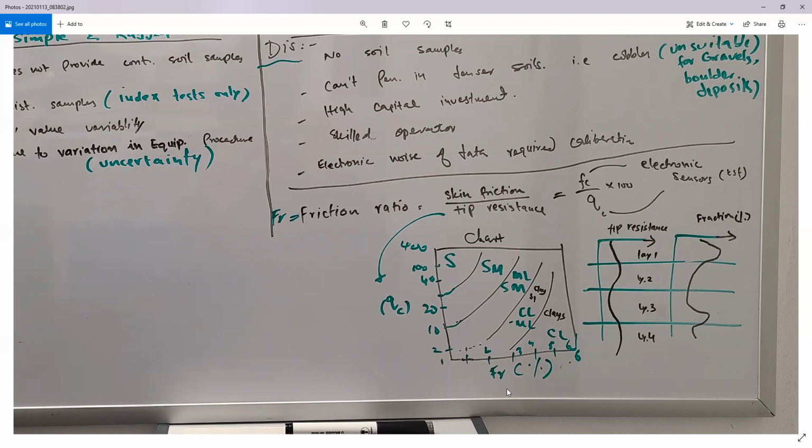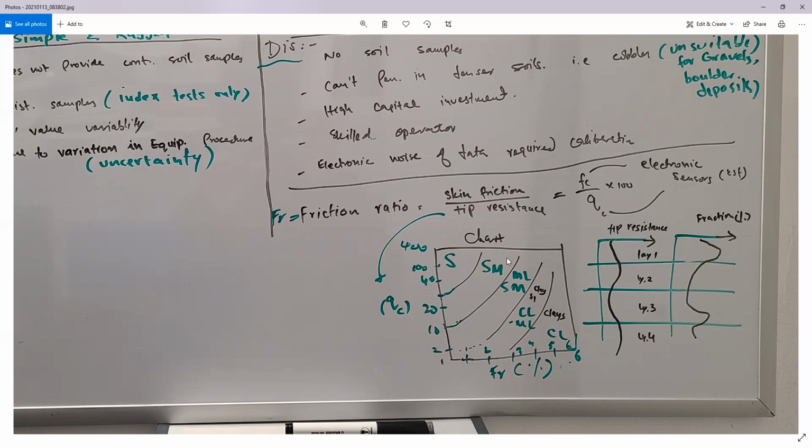So when we plot the values on this chart, based on these properties, we could tell what kind of soil it is. This is sands, silty sand, sandy silts and silt, clay silts, and silty clays. And based on these values, there are some general statements that can be said about the CPT data.